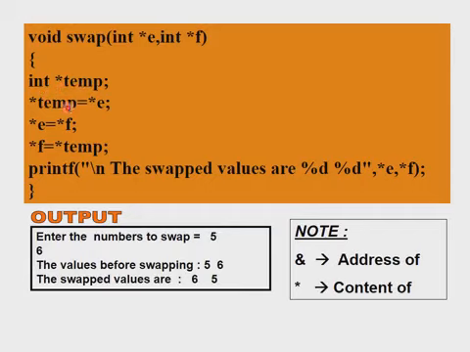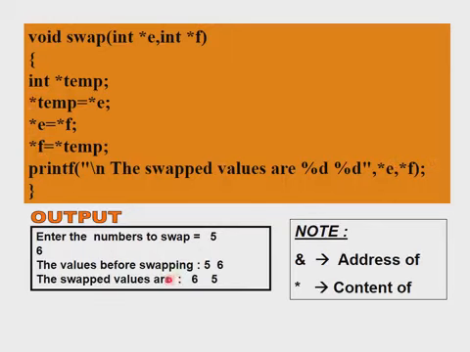We copy the first value into the temporary variable, then copy the second value into the first, and finally the temporary variable's value is copied into the second. That exchanges the first and second values, in the original locations because of the pointers.